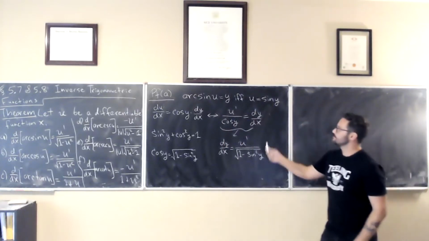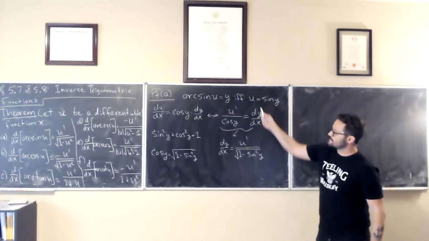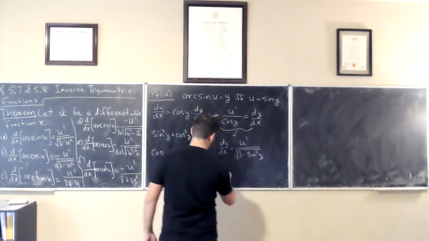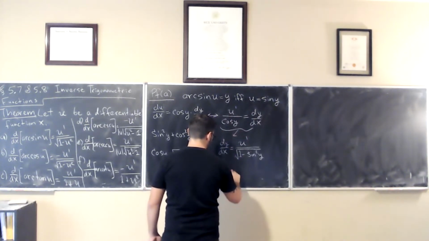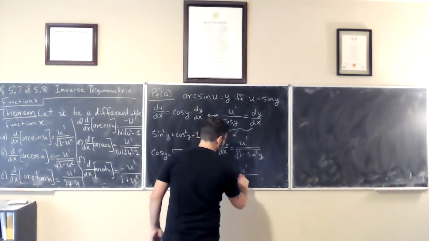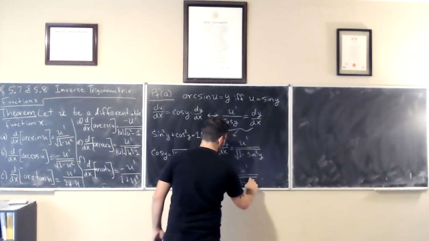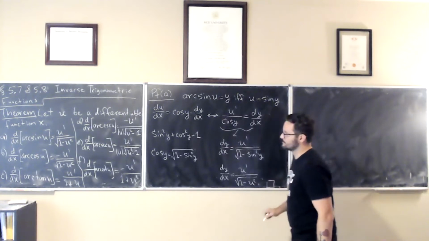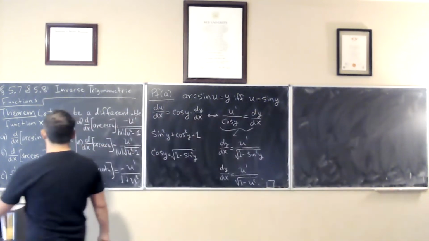But then sine y is equal to u, so this is just u squared. So finally we get that dy/dx is equal to u prime all over the square root of 1 minus u squared. And that completes the proof of part A.